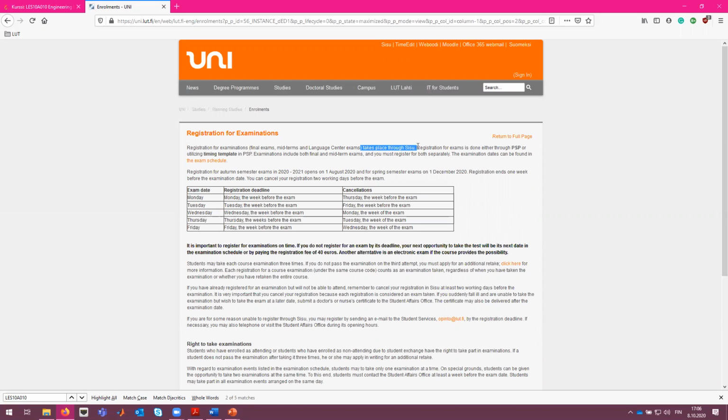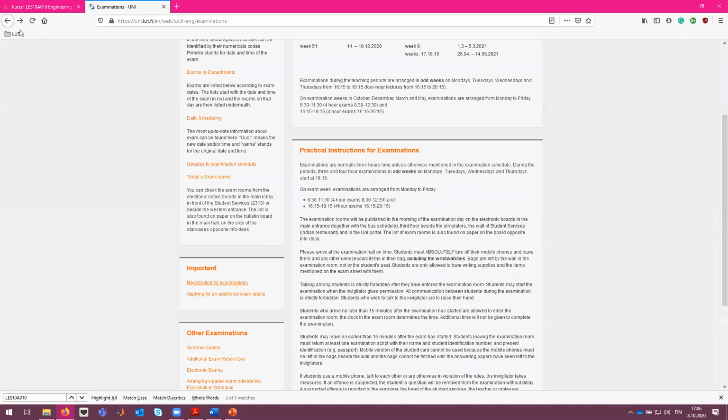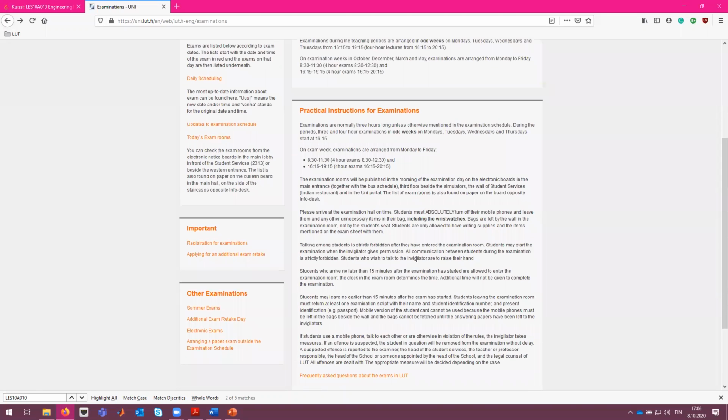By ID, would that mean an actual student ID card? Preferably student card. What if I don't have a physical student card? Bring an ID then. It said the mobile version of the student card cannot be used, and bags cannot be fetched until the answering papers have been left.